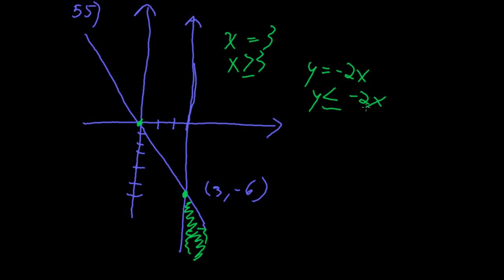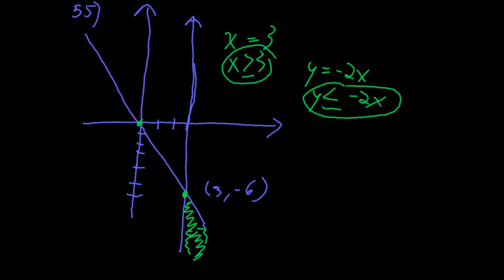And now the only question is, these are our two inequalities, and are these connected with an and or an or? So is it y is less than or equal to negative 2x and x is greater than or equal to 3, or y is less than or equal to negative 2x, or x is greater than or equal to 3?